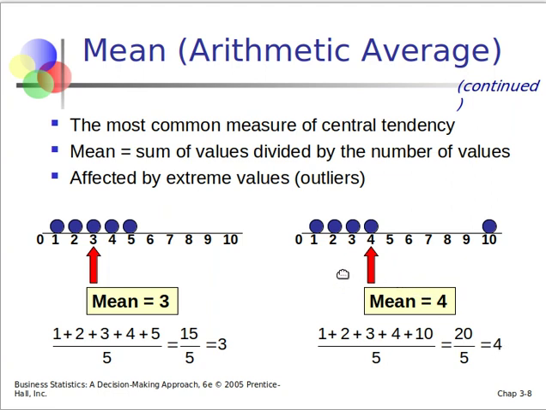So you see here the fourth element is now the center of the data set. 1, 2, 3, 4 here, because there's an outlier that tips the balance. So the arithmetic average, or the mean, is sensitive to extreme values. It can be affected by extreme values.